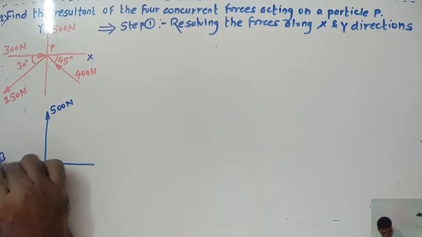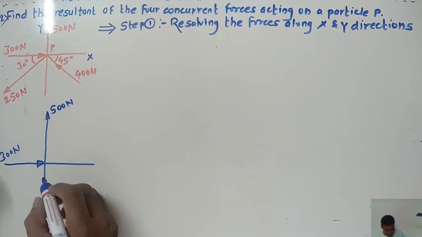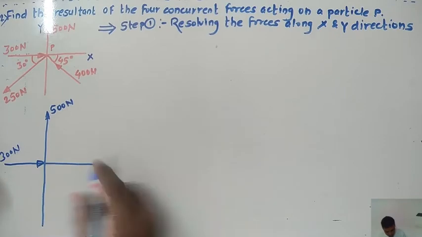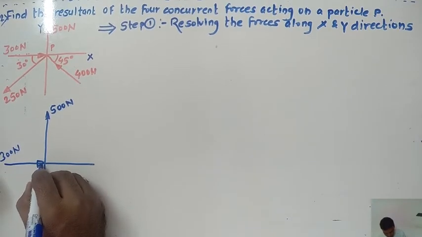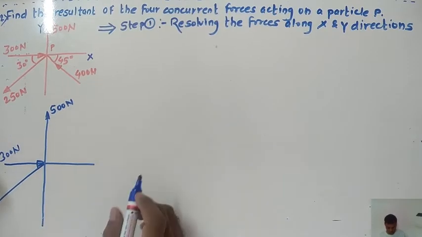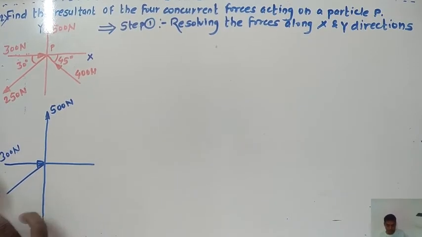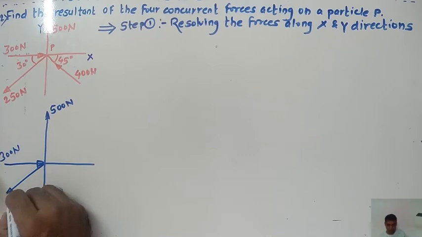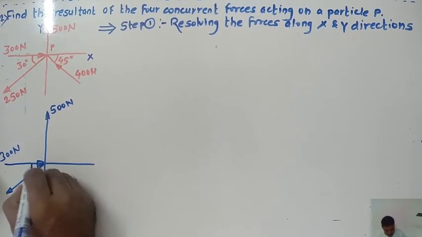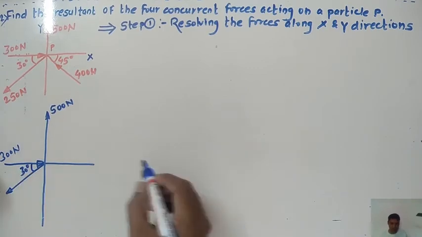Okay, this force, 300 Newton, is already in the horizontal direction, not necessary to resolve this force. Okay, so apart from this, we have the 250 Newton force, that makes an angle of 30 degrees like this.